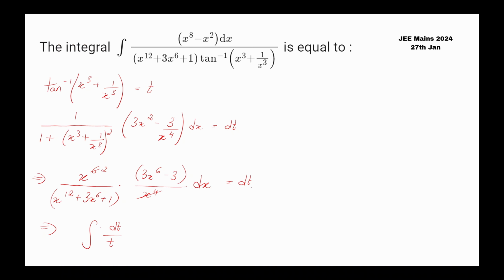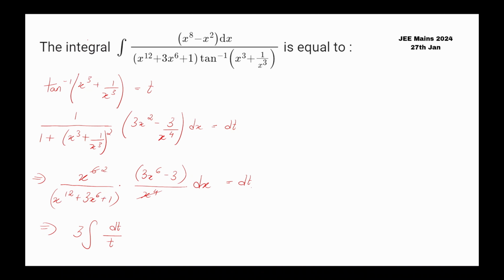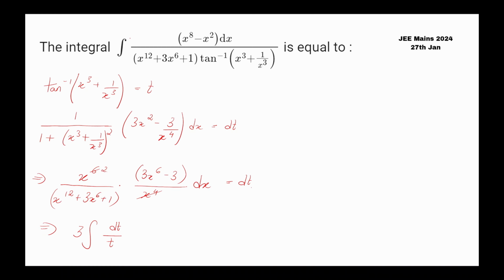So now if I integrate this, what am I going to get? Sorry, I would not have a 3 here. I would have a 1 by 3 here. Basically, since I am taking 3 common, my entire term into dx would become dt by 3.